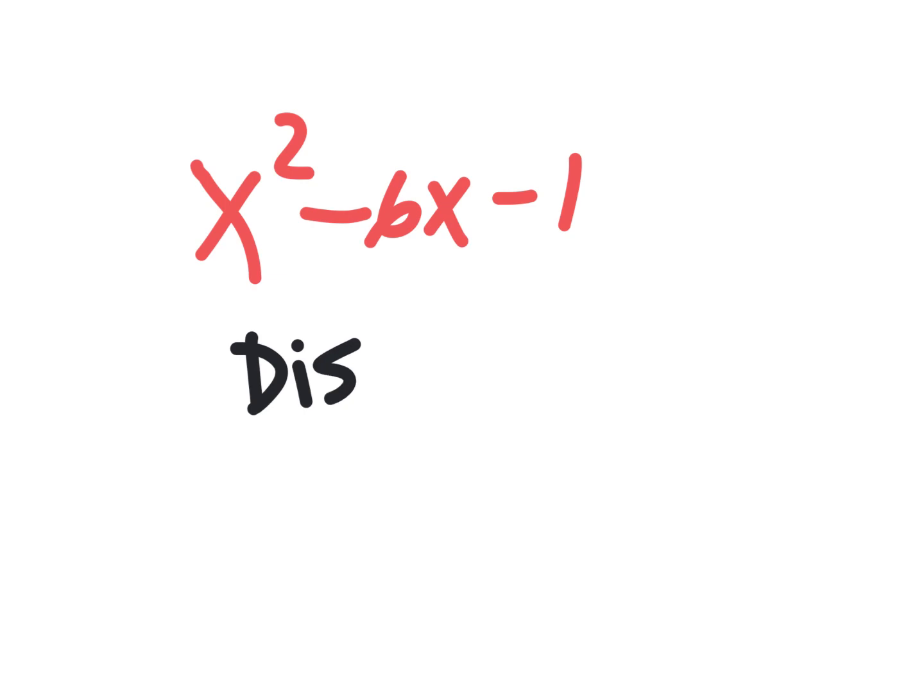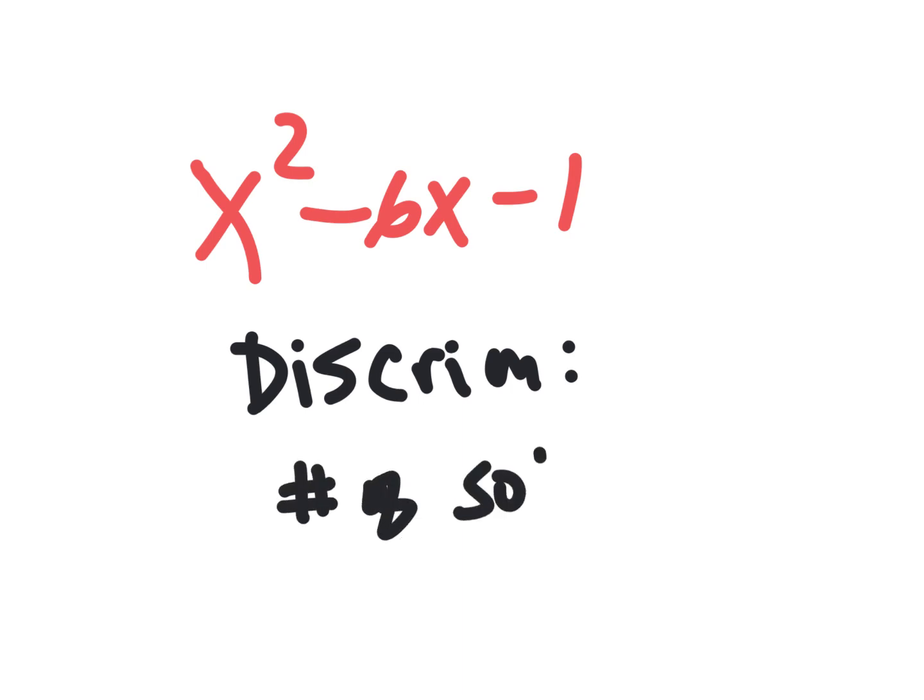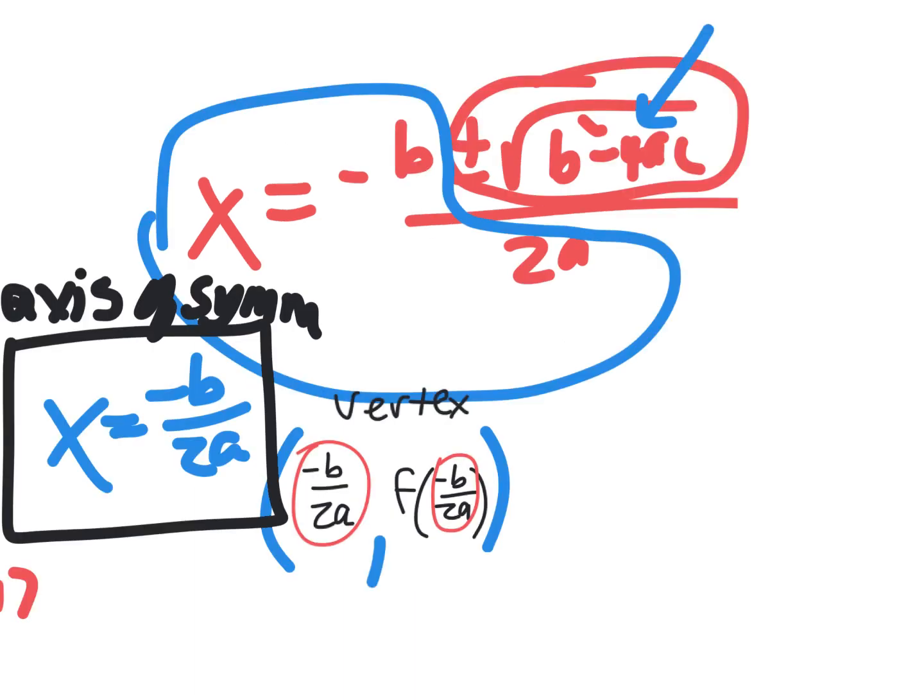If you know the discriminant's negative, you know there is negative underneath the square root, so there's no real roots. Okay, in a moment, I'm going to ask you to compare your discriminant answer with the kid next to you, and then how many solutions it has. I'll pause while you try that.